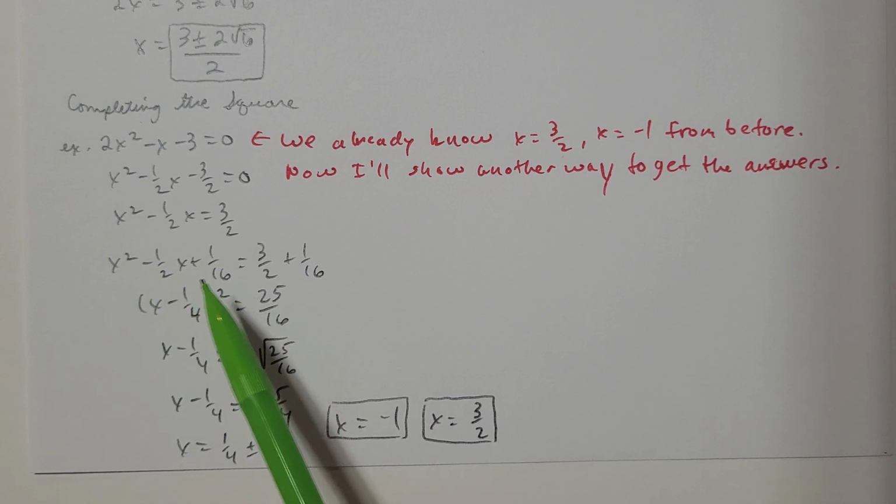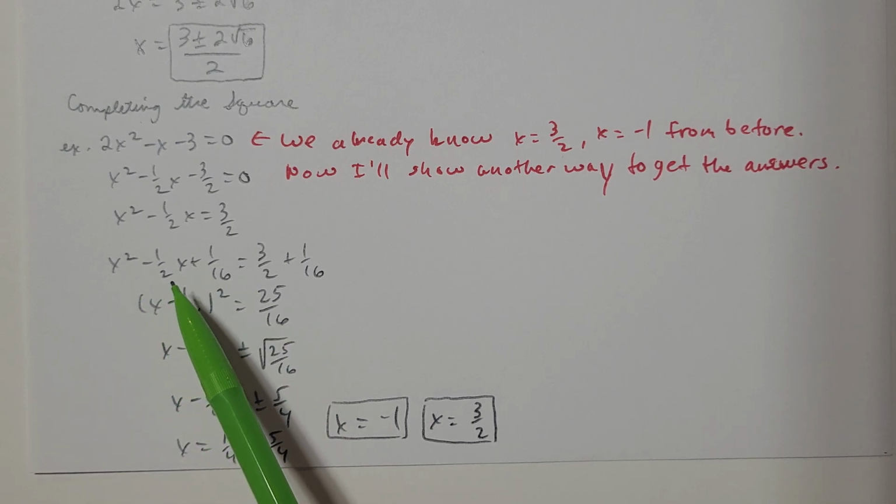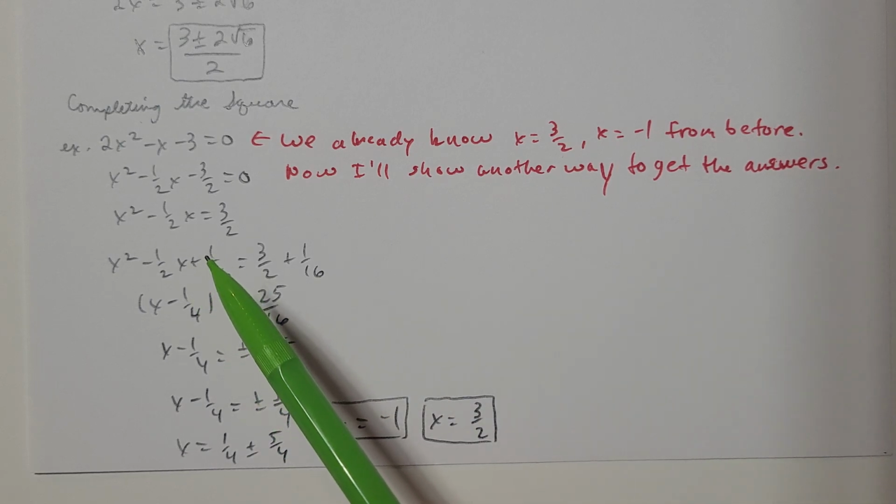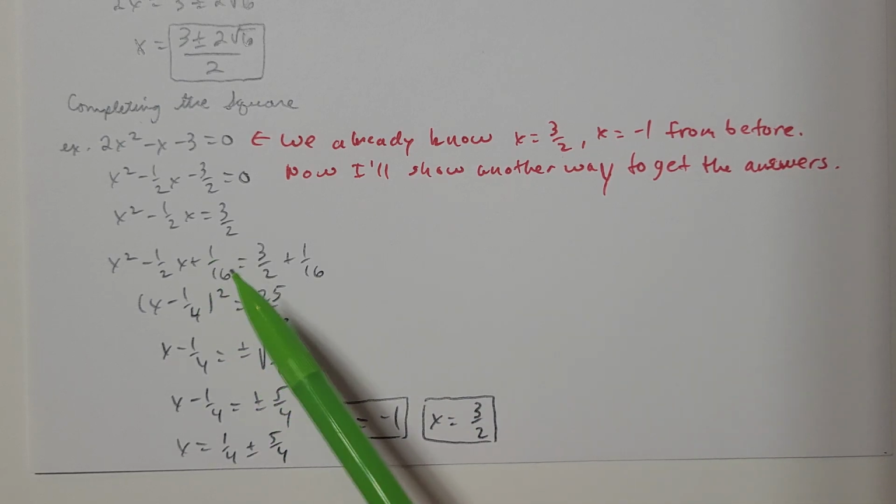So the next thing, I'm trying to factor x squared minus 1 half x plus 1/16. Now I can get the factors right away. It's going to factor as x minus 1/4 times x minus 1/4. Again, the factors will be the same. So x minus 1/4 squared. By the way, it will always be the number that you're squaring in the previous line to get this number 1/16.